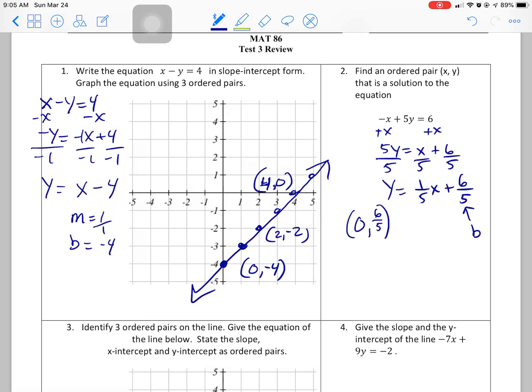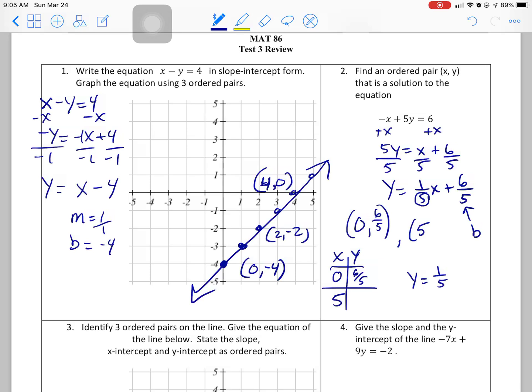So what I usually do is put in for x whatever the denominator is for the slope. So x would be 5. So if x was 5, think of those tables we did a while back. (0, 6/5). And then if x was 5, what's y? Well, let's see.